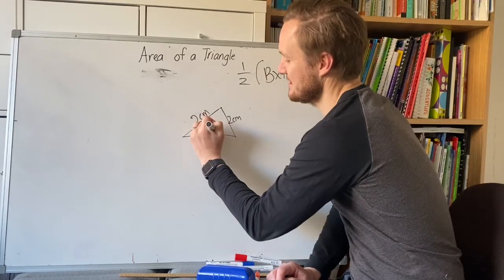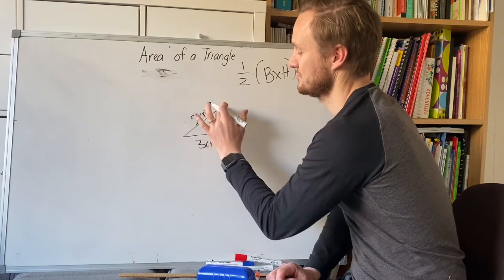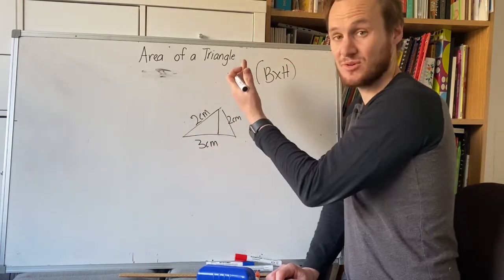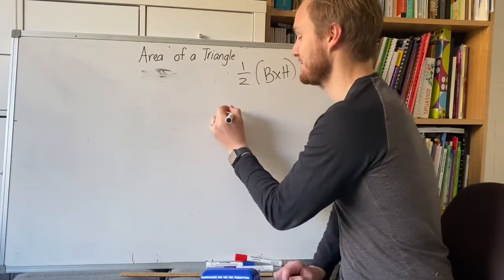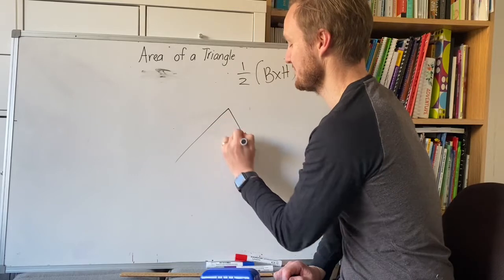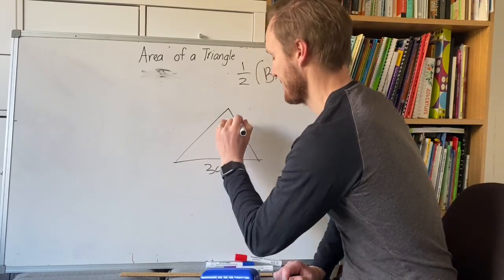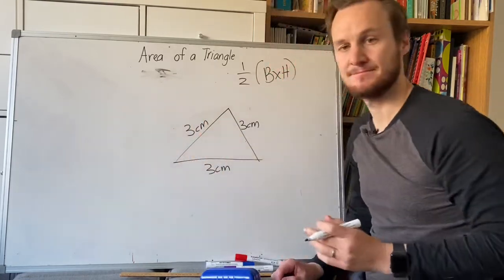And then let's say that the height was also, you got to realize what the actual height is, okay? So let's do it a little bit better with a better drawing, because that drawing wasn't great. So let's try and figure it out a bit different. Okay, 3, 3, 3, okay?